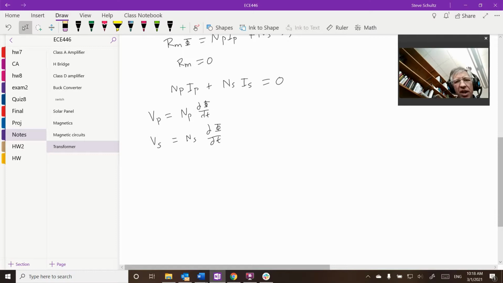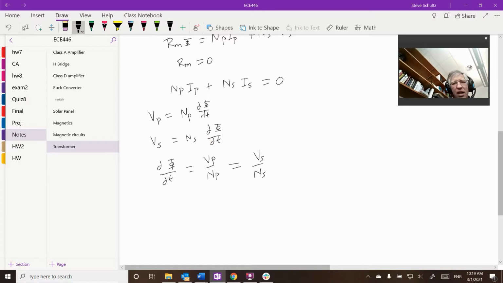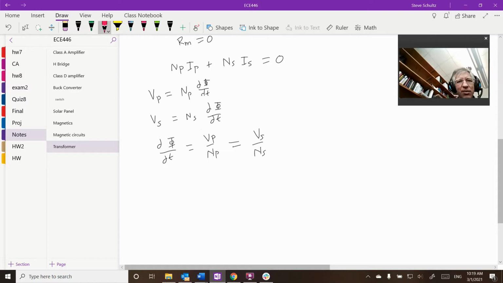Okay, so then what we have is dΦ/dt is going to be equal to Vp over Np for my primary side, and it's also going to be V secondary over N secondary. Okay, and so what we see right here, this is my transformer equation.